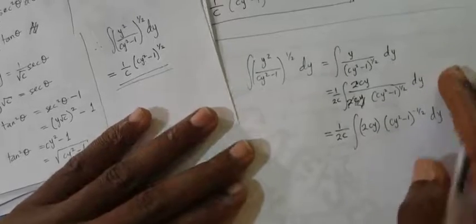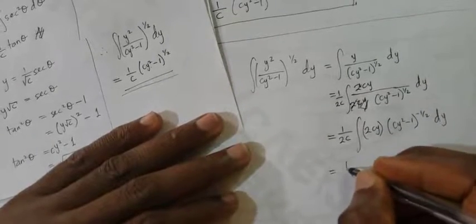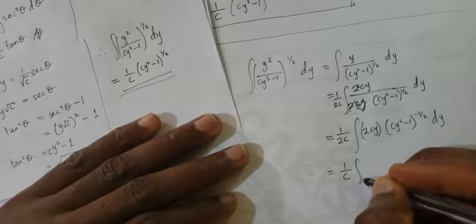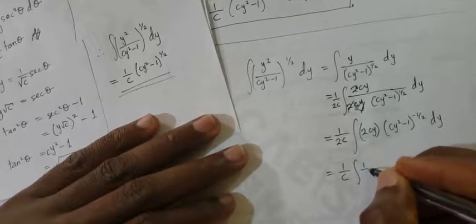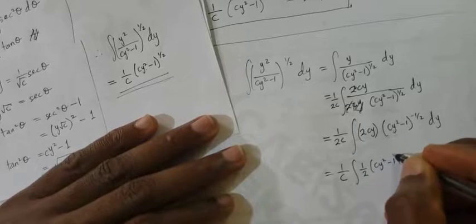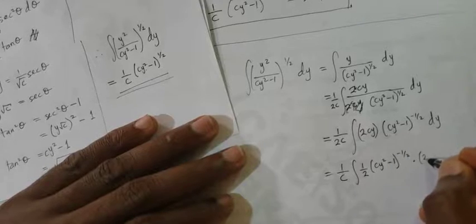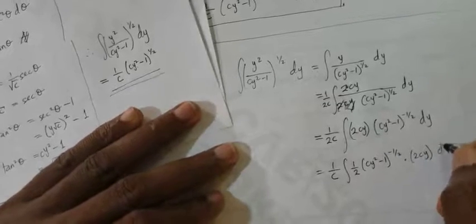Again, we can put this 1 over 2 inside. This is going to be 1 over c times the integral of 1 over 2 into (cy squared minus 1) raised to power minus 1 over 2, then multiplying 2cy, then dy.